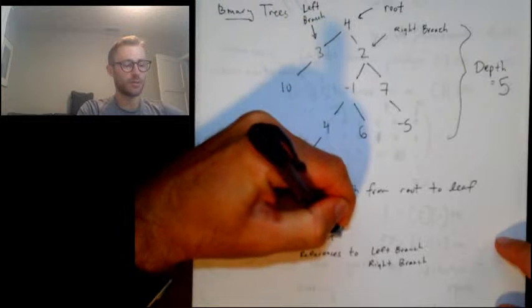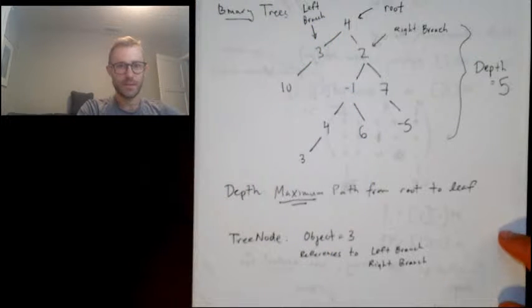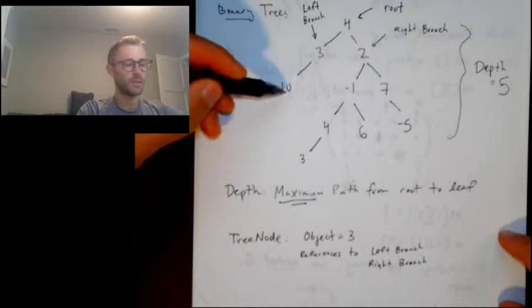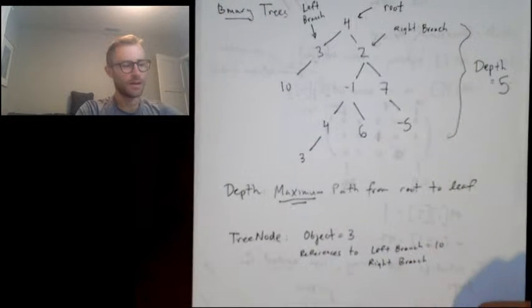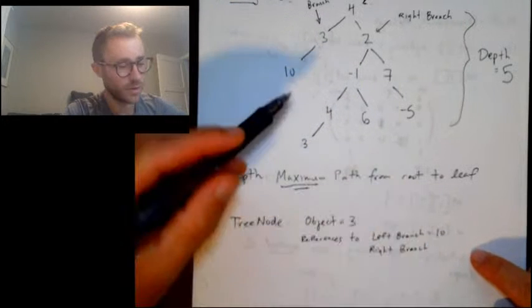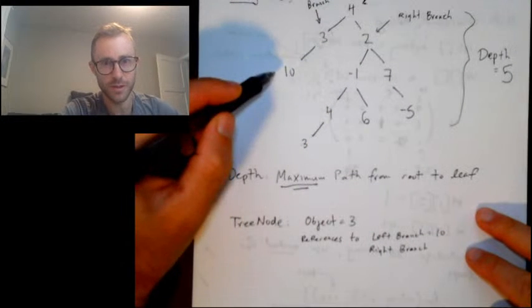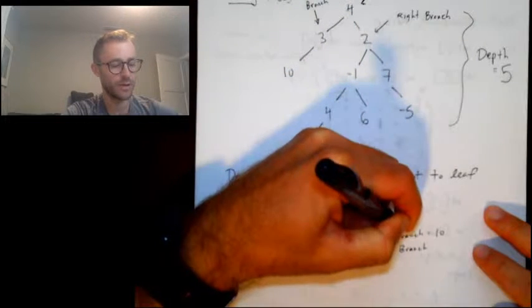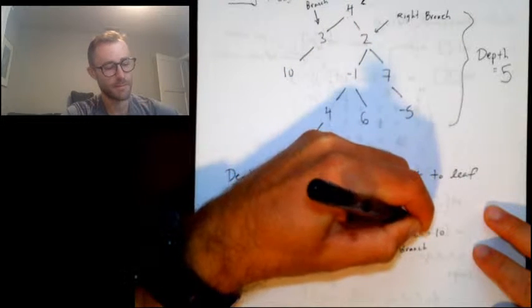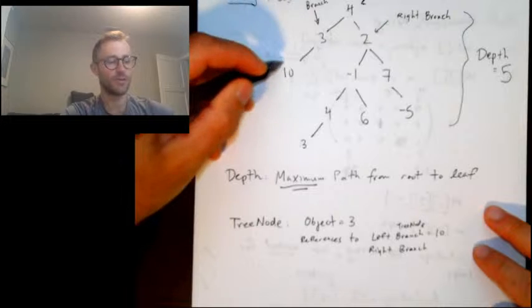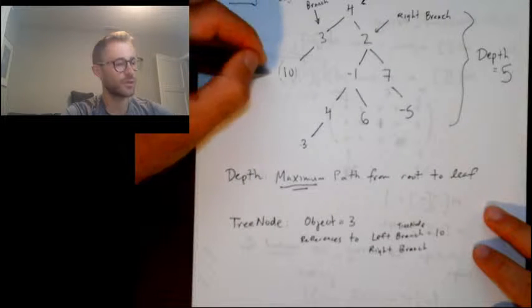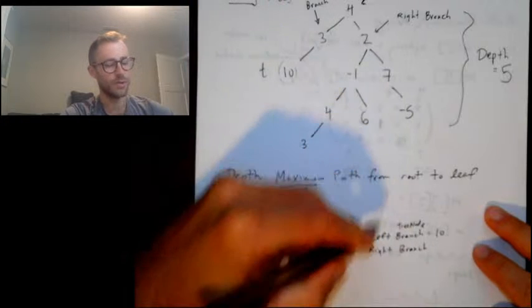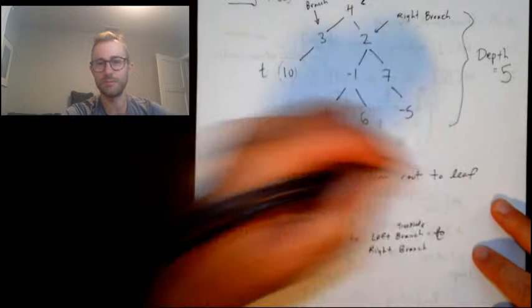So the object would be 3. The left branch would be 10. You wouldn't actually put in 10. You would put in the variable for, this would be references to the left tree node. Okay, so maybe this tree node is called T. So you would say left tree node equals T, for example.